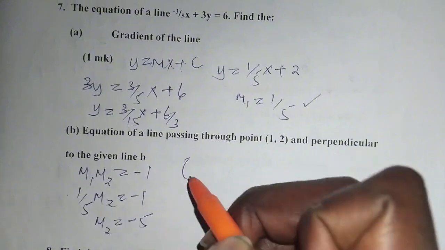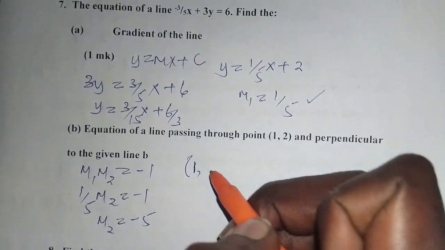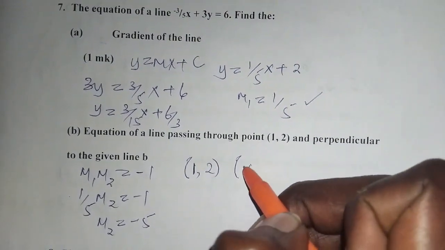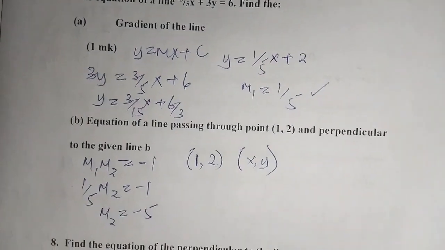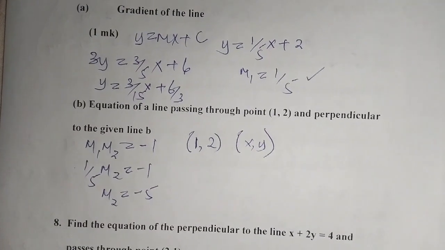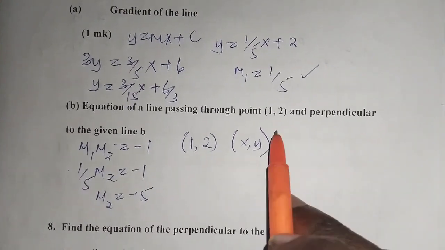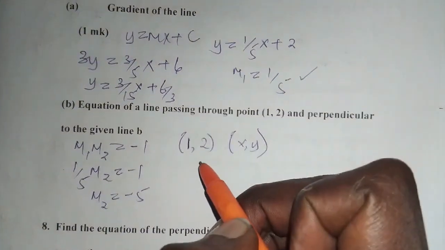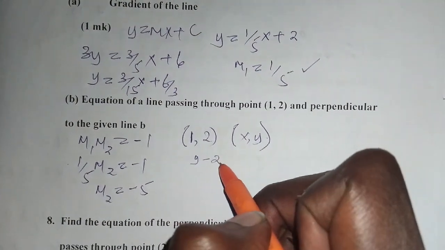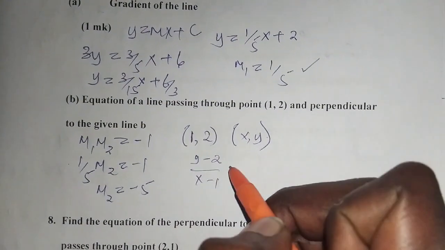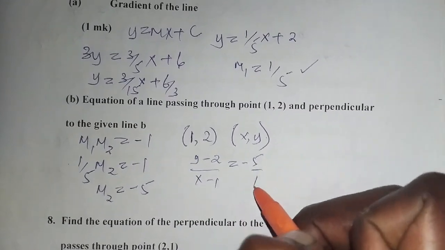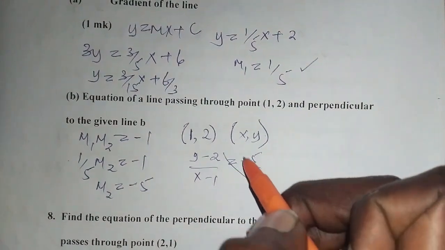And you're given the coordinate (1, 2). So you can have another unknown coordinate (x, y). If we get the gradient of these two, which is y minus 2 over x minus 1, it should give us negative 5. Cross multiply.